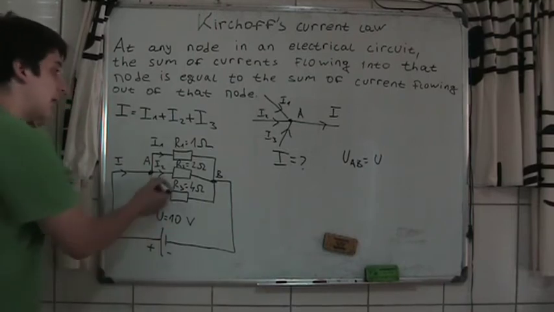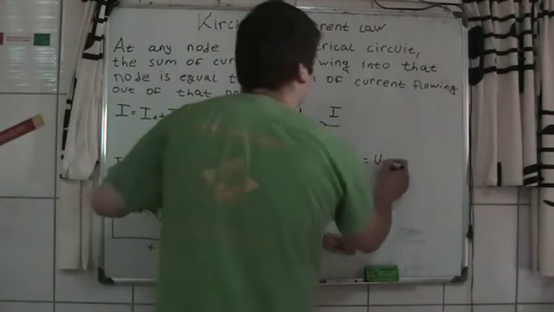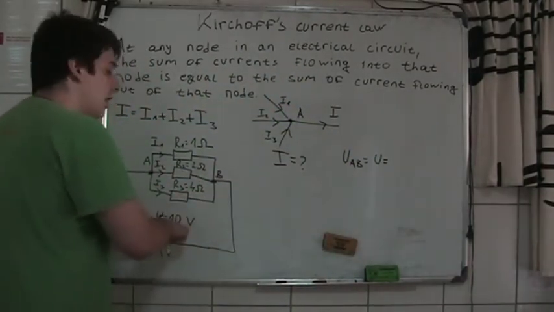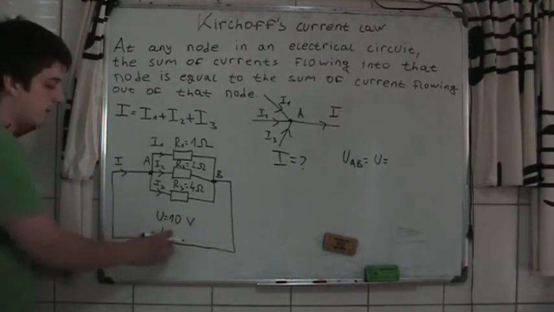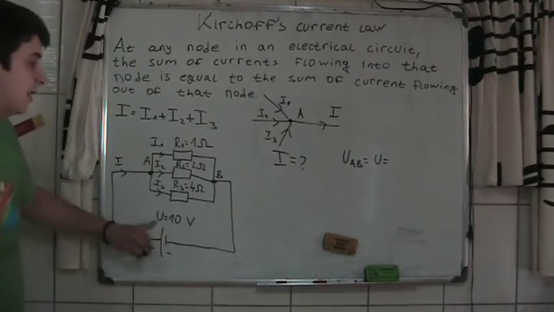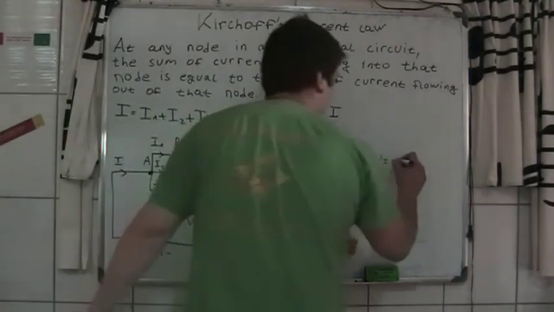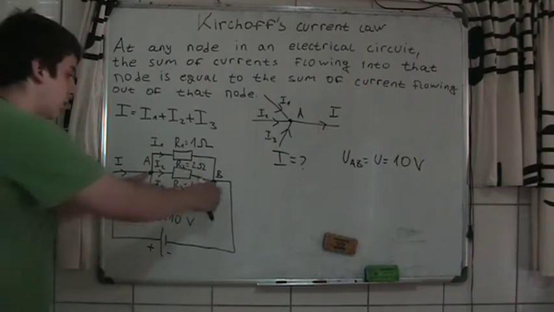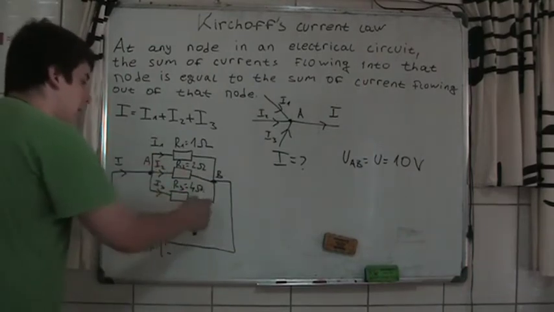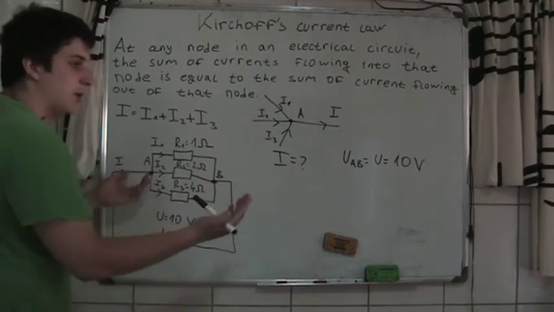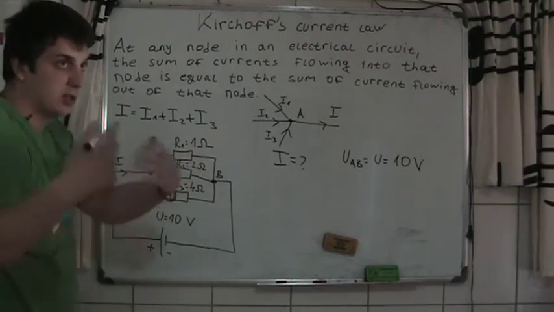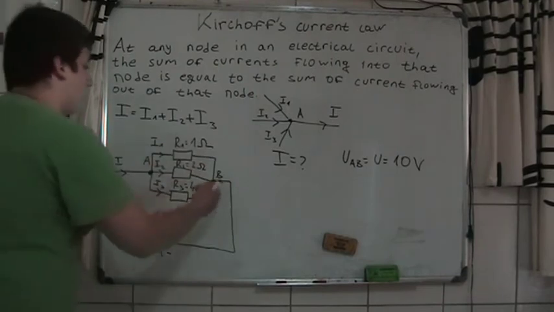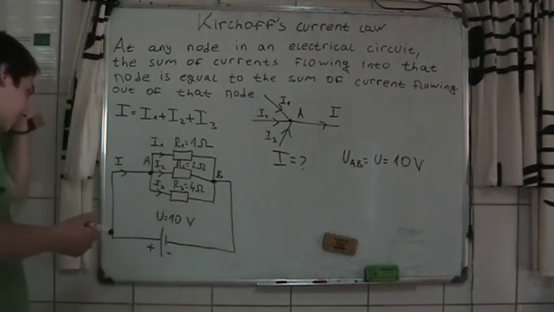The voltage from A to B is equal to the voltage of this battery, and that's 10 volts. So from here to here, you have the same voltage, the same electrical potential difference. From here to here you have the same, and from here to here you also have the same.